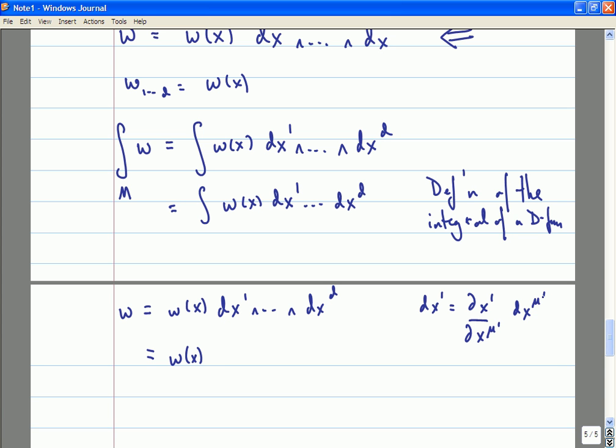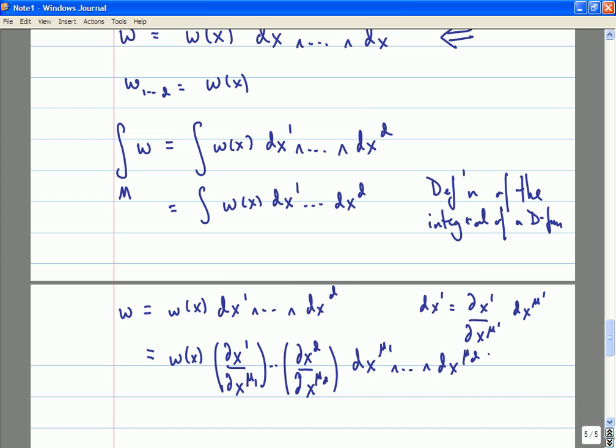That's just the usual transformation law for the infinitesimal displacement dx1. So this is the product of d Jacobians, dx1 by dx mu1 prime all the way up to dxd by dx mu d prime, times the wedge product dx mu1 prime all the way up to dx mu d prime.